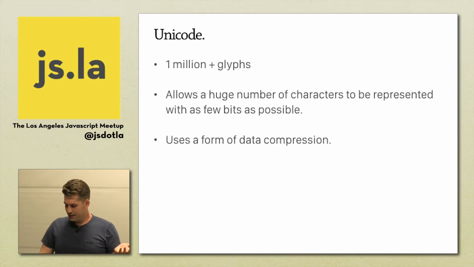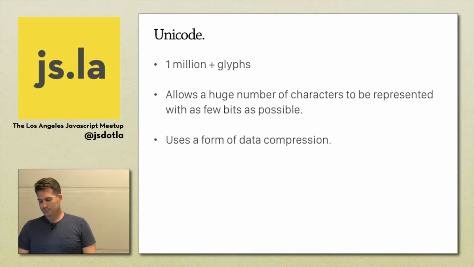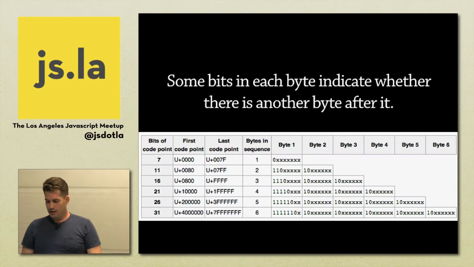Unicode is way more complicated. There's over 1 million glyphs. It allows a huge number of characters to be represented in as few bits as possible. So it's actually a sort of form of data compression. The way it works is really cool. The first byte has some bits in there that indicate how many more bytes to expect for that 1 glyph.